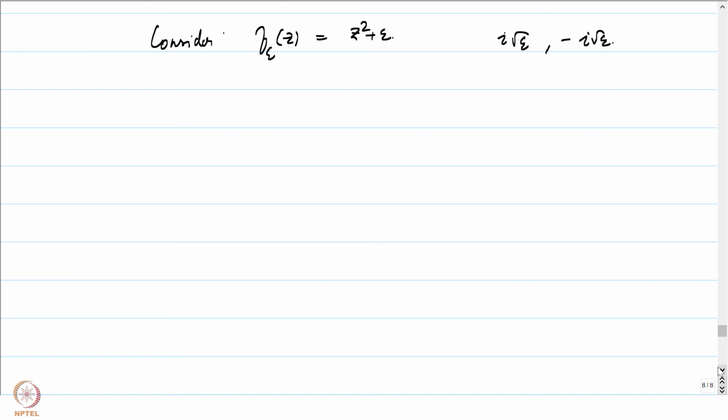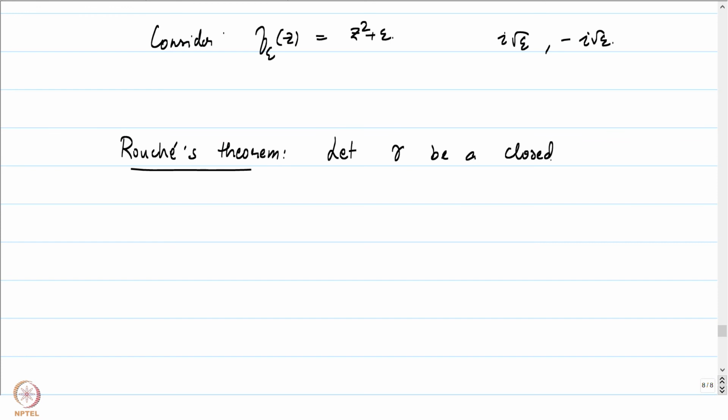Let me write down the theorem and prove it. Rouché's theorem. Let gamma be a closed curve which is null homotopic in omega.